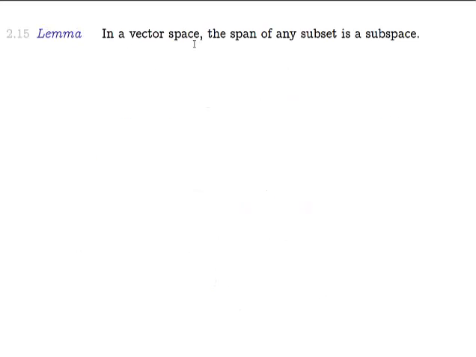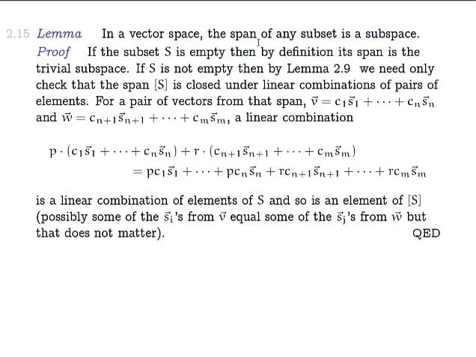In a vector space, the span of any subset is a subspace. I think that that's kind of indicated by the examples. All right, so if the subset S is empty, by definition, its span is the trivial subspace. If S is not empty, then by Lemma 2.9, we need only check that the span is closed under linear combinations of pairs of elements.